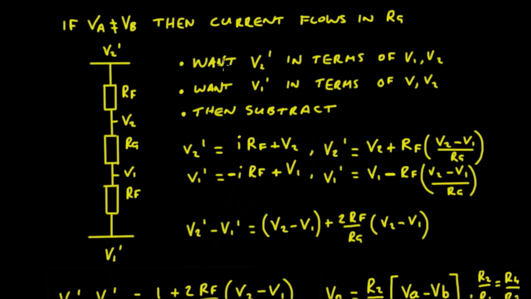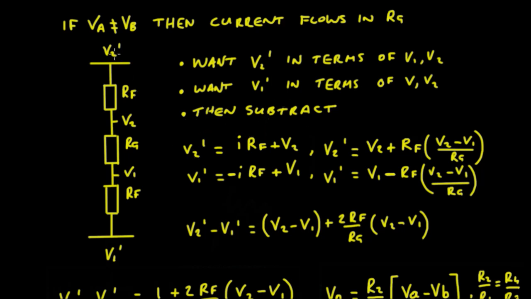So we're going to find V2 dash in terms of V1 and V2, find V1 dash in terms of V1 and V2, and then subtract them off, and then we can find the output voltage in terms of the input voltages. So let's do that now.